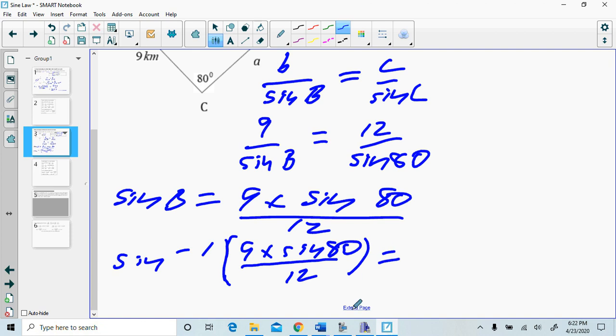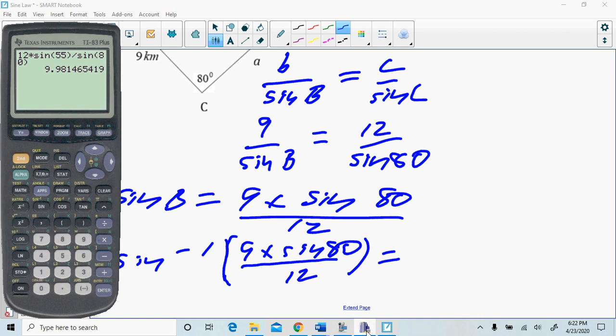So go back to the calculator and we'll just double check that we are in the right mode. So I had changed that previous, so it's in degree mode, which is good. And now we're going to go second function, sine. See that minus 1 there. And now we'll go and put everything in brackets there. So 9 times sine of 80. And then all that divided by 12.